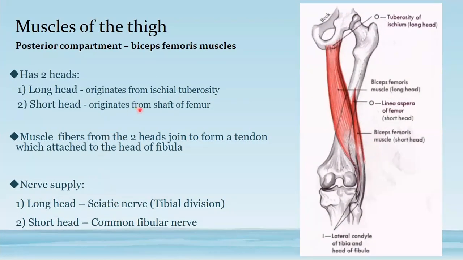For the biceps femoris muscle, it has two heads. First is the long head, which I said is part of the hamstring muscles, and the short head is here. The long head originates from the ischial tuberosity, while the short head originates from the shaft of the femur.